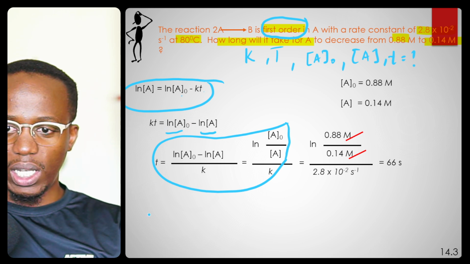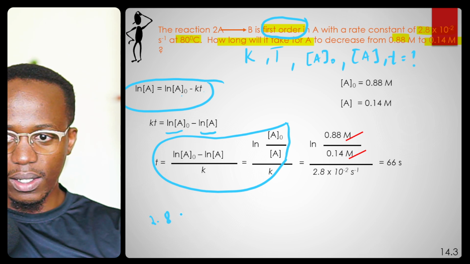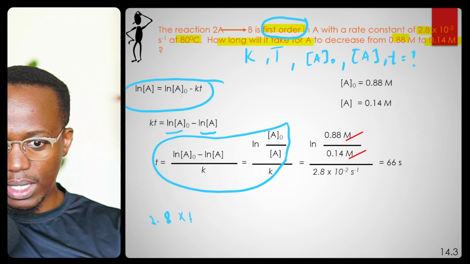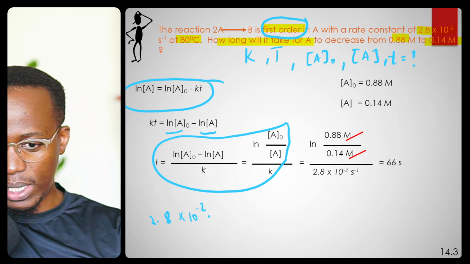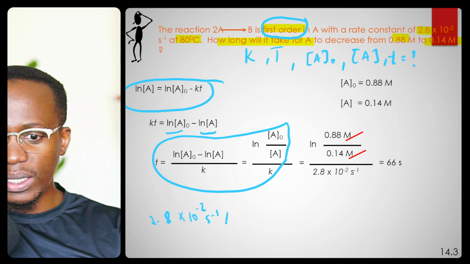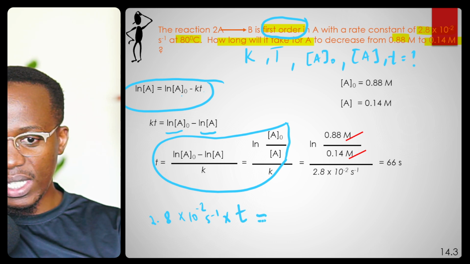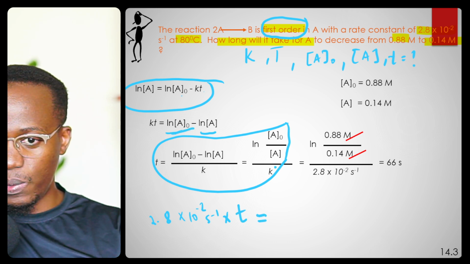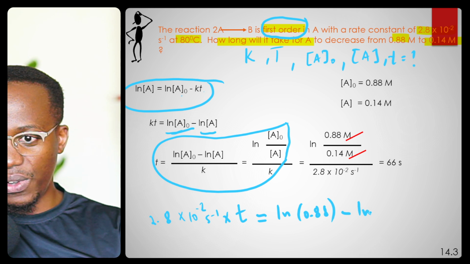K, which is 2.8 times 10 to the negative 2 per second, times t, which is our time, is equal to ln of A0. What's the ln of A0? It's ln of 0.8 minus ln of A, which is ln of 0.1.